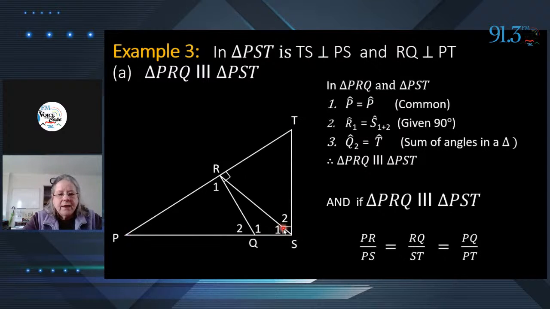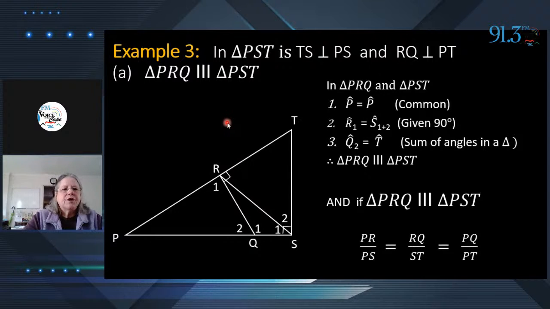So this whole angle here is a 90-degree angle. And RQ, this one here, is perpendicular to PT. So the 90-degree is this whole angle here. All right, there's your 90-degree.